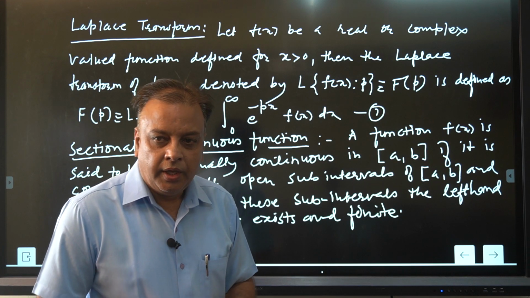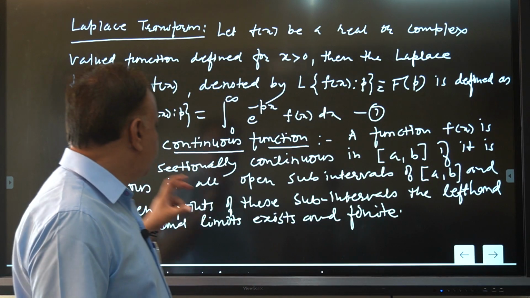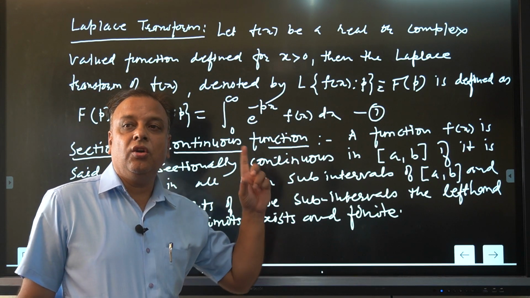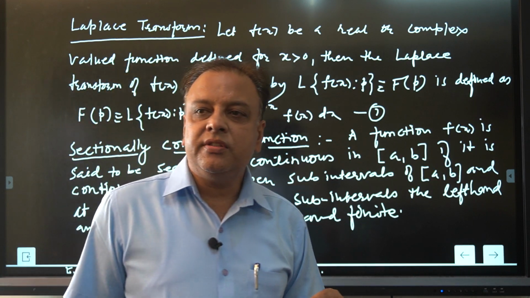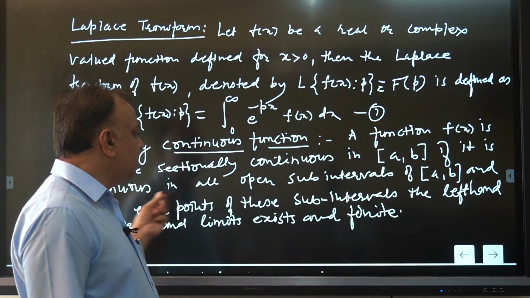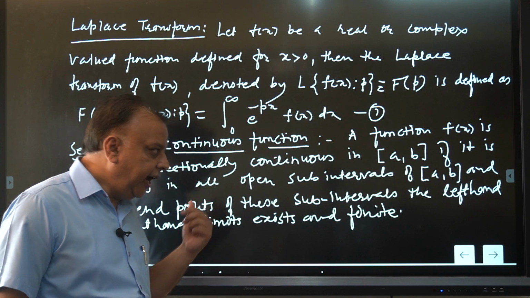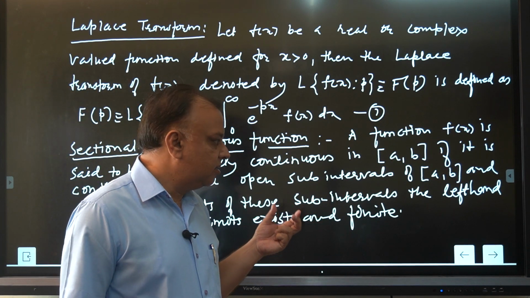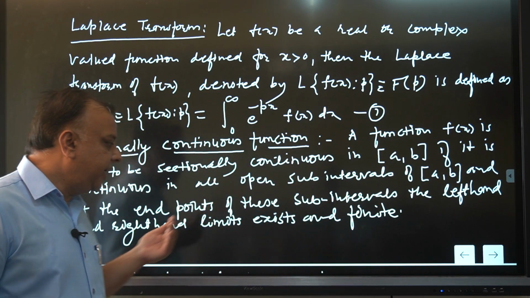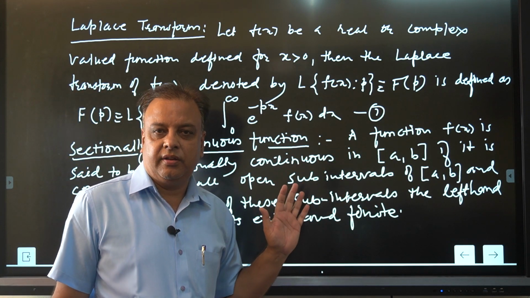A function f(x) is known as sectionally continuous in a closed interval [a,b] if it is continuous in all the open subintervals of the closed interval [a,b], and at the endpoints of these subintervals the left-hand or the right-hand limits exist and are finite.